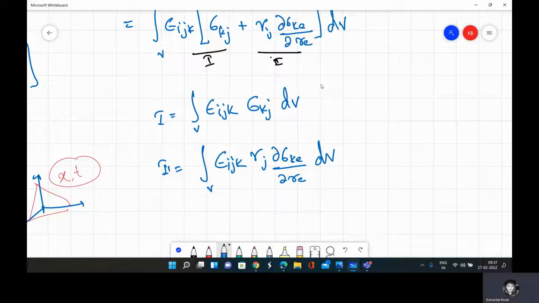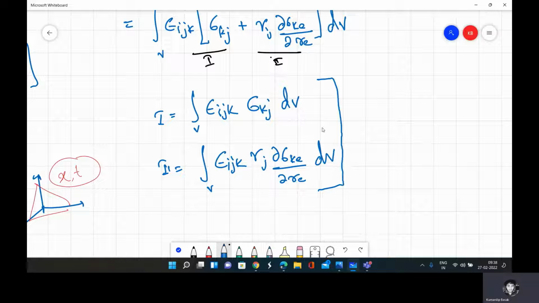Okay, so these are two different integrals. Now let's again, as we did for the Cauchy construction case with surface force and volume force, do the order of magnitude analysis. We do it for the same case here.